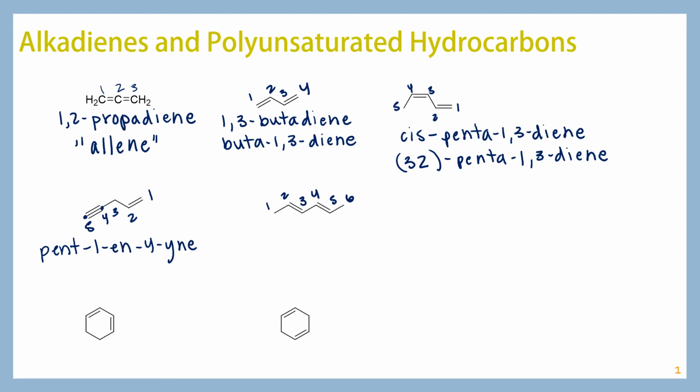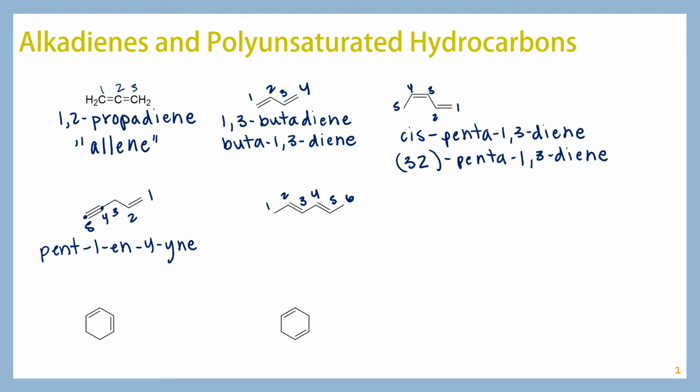Notice that in the ones where we did not indicate cis, trans, EZ, it's because each of the alkenes had a CH2 as part of it, and that's going to prevent us from having any cis, trans. But in this one, the alkenes each have one substitution on each carbon, so we do have to indicate cis and trans or EZ. In this case, both alkenes are trans or E.